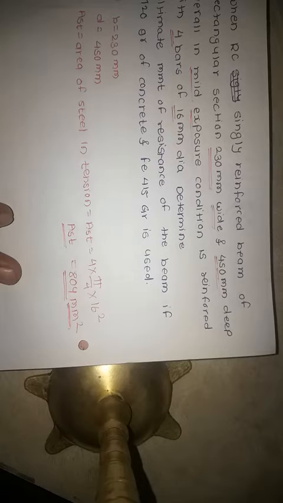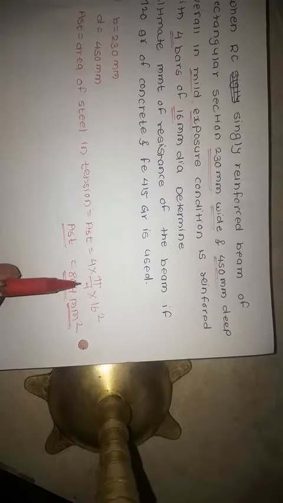Mm square means area, so unit of area is mm square. Basically the bar is circular, so we are going to implement the formula pi by 4 into 16 square.